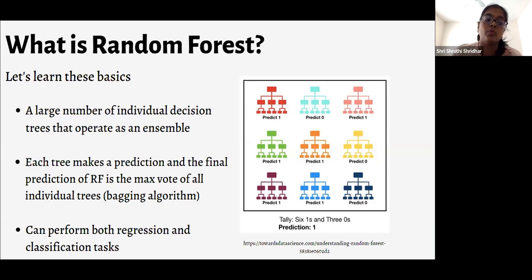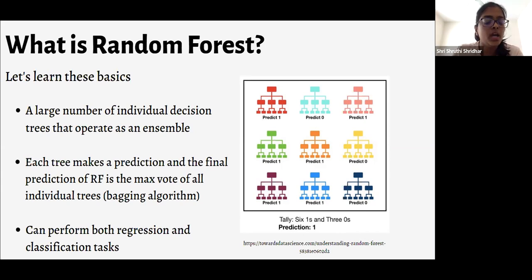Instead of just depending on one of them, we depend on the predictive accuracy and the predictive power of the multiple algorithms as one. We will be looking at ensembles more in a future session. So we will limit ourselves to the methods pertaining to random forest in this session.